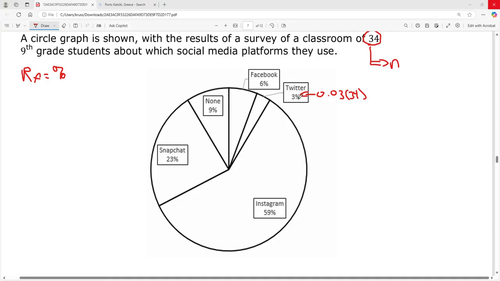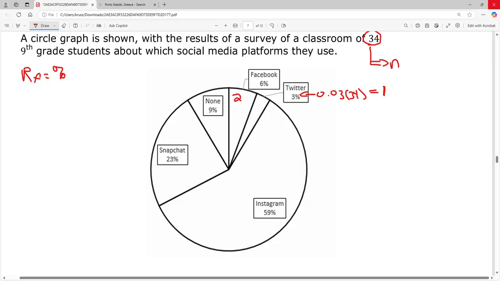These are probably rounded percentages too, so this is just over 1, and they probably rounded that one up. If I did 0.06 times 34, this represents about 2 people. Probably rounded that up as well. Actually it's 2.16, so I rounded down to 2.